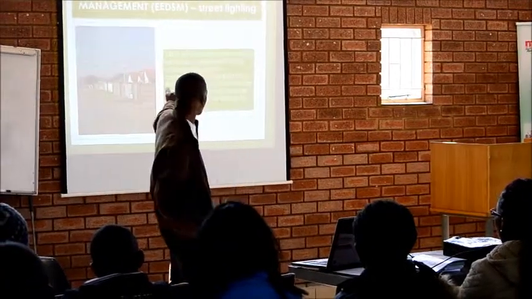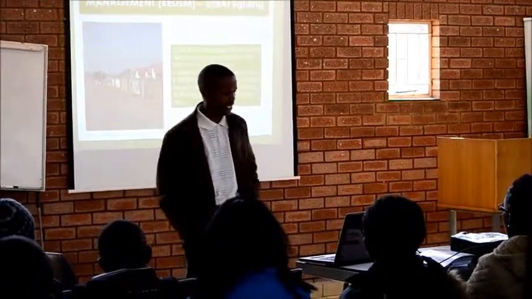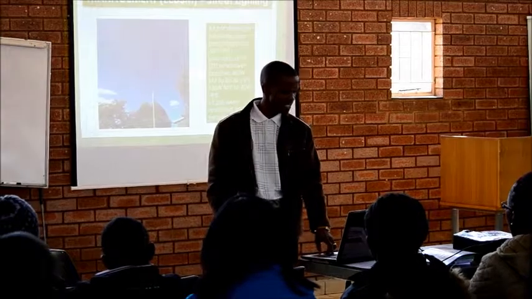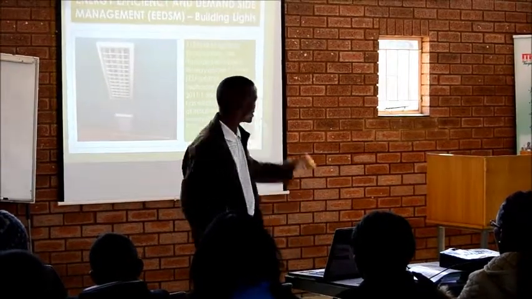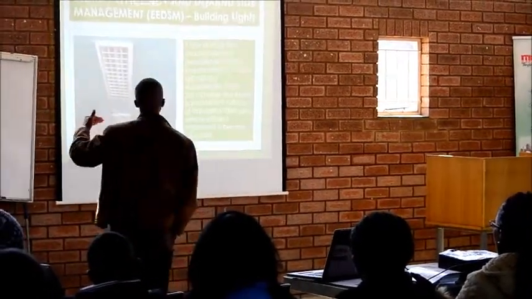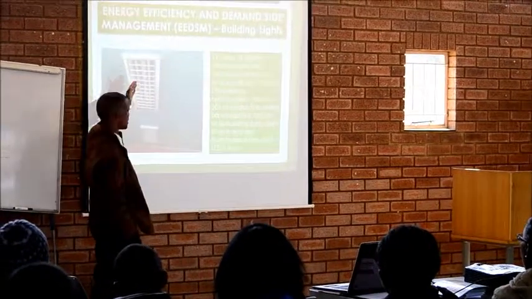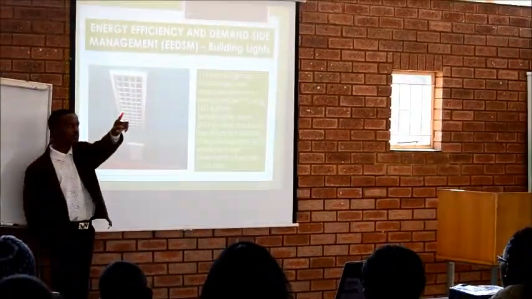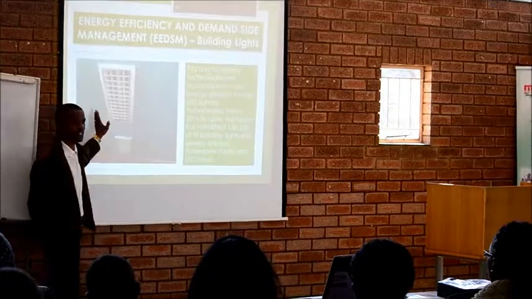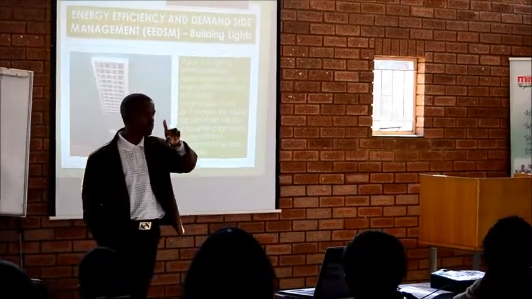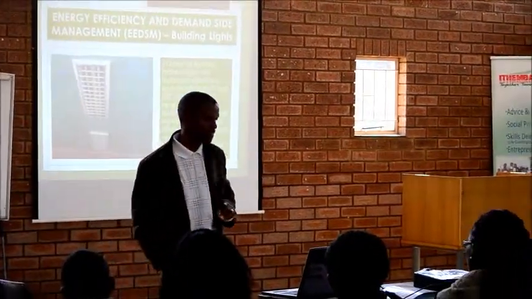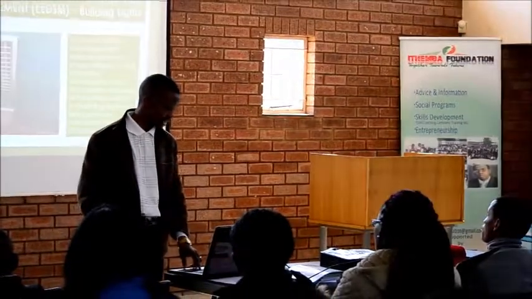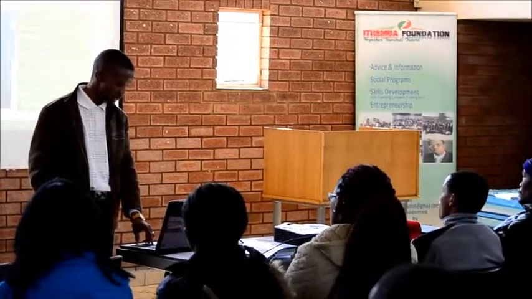The energy efficiency: we have retrofitted most of our lighting in Ekurhuleni, the street lights, and every Ekurhuleni-owned facility we have put energy efficiency. These are energy efficient globes. Tubes are called T5, not the T12 and T8, which we have replaced with the T5.